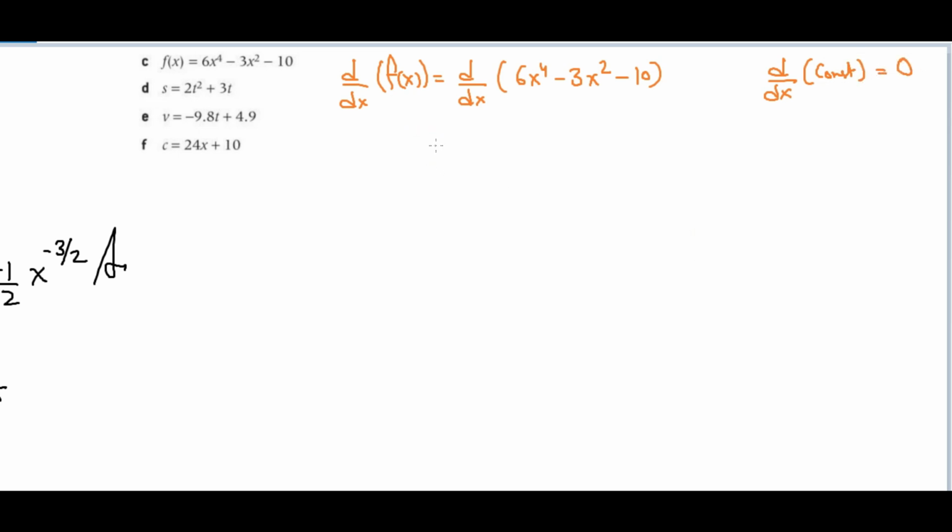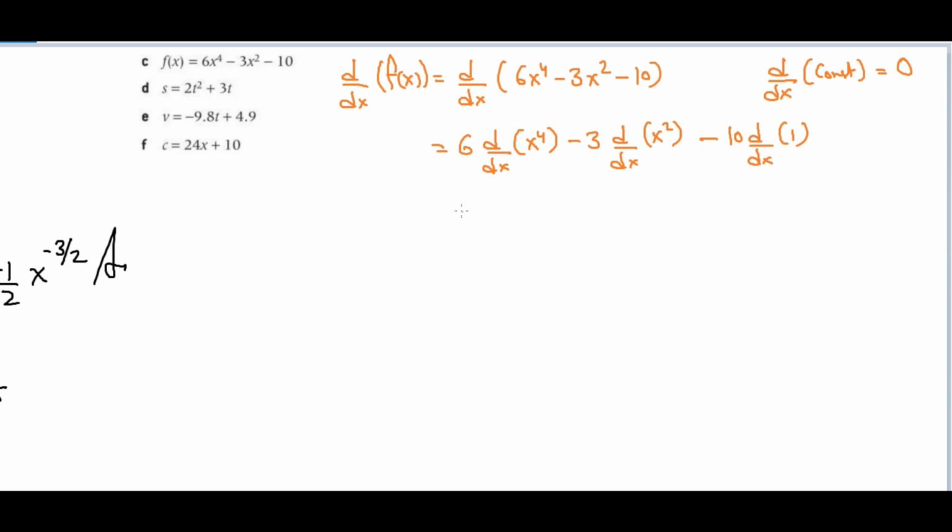So let's separate it. 6 dy by dx of x to the power 4 negative 3 dy by dx of x square negative 10 dy by dx of just 1, you can say. I'm just bringing 10 out, or you can keep it in.